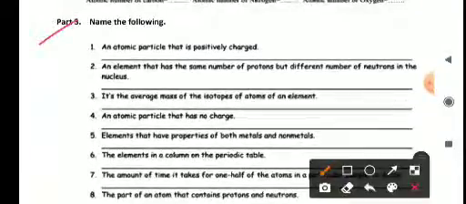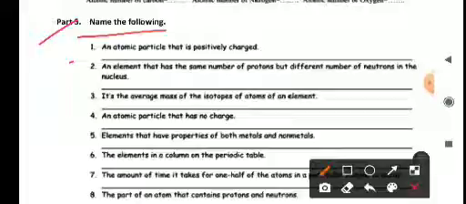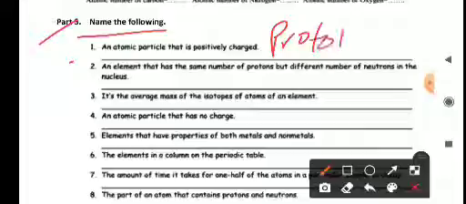Now question number 3, part 3: name the following. First, an atomic particle that is positively charged is called a proton.